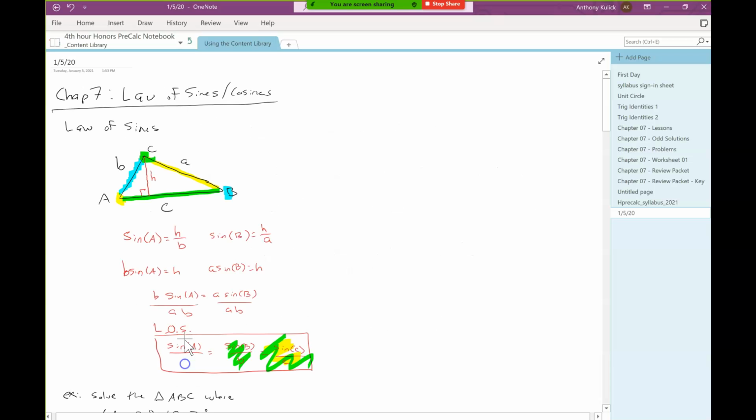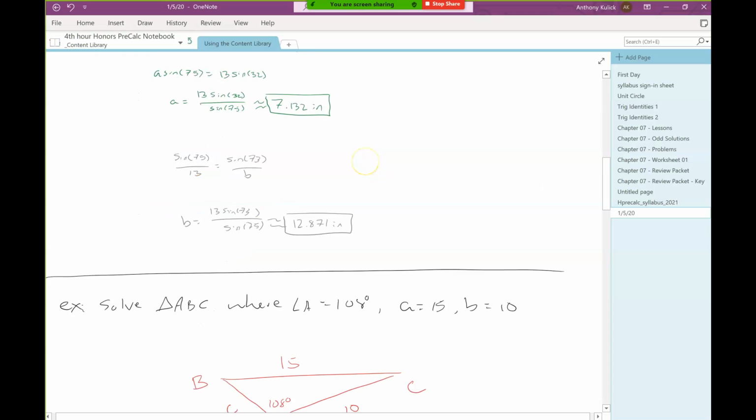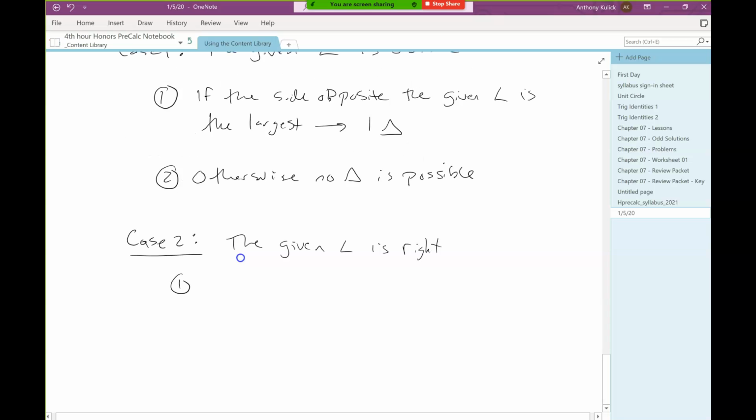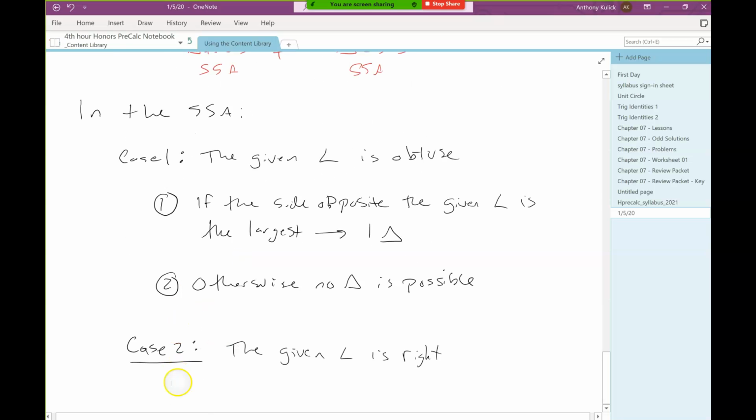I don't know why I broke this down into two separate cases. These two could really be combined into the same thing.